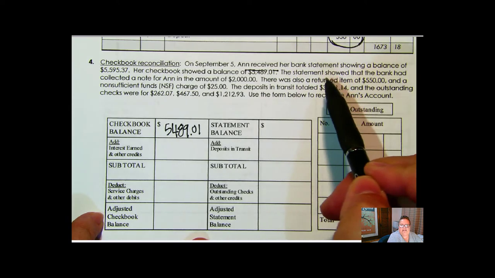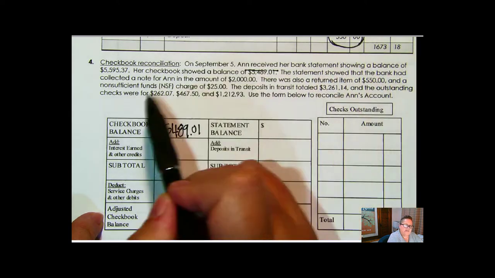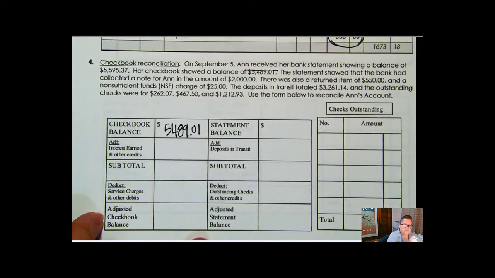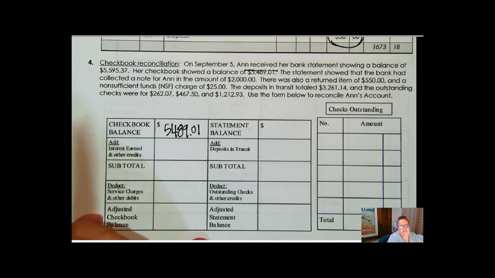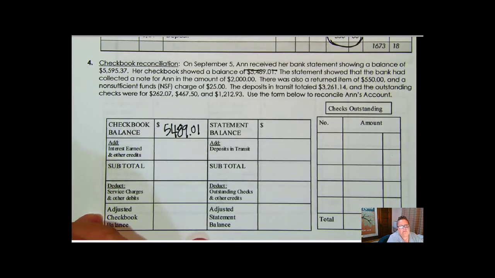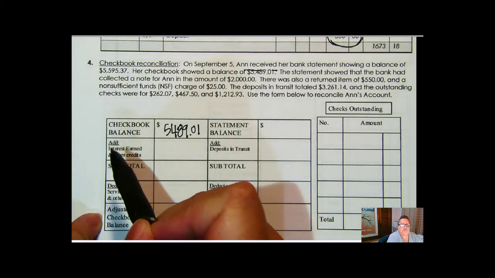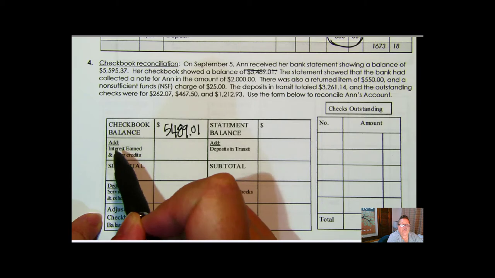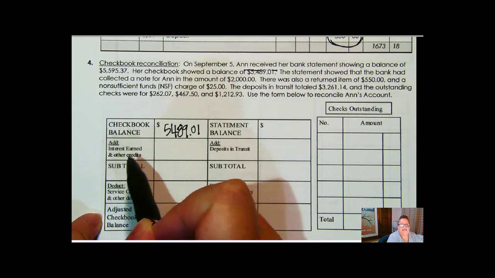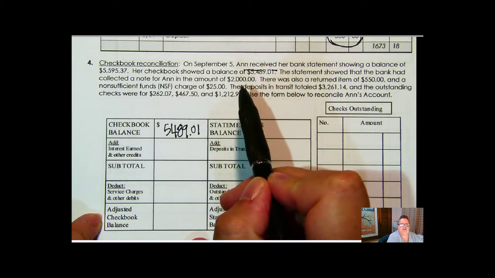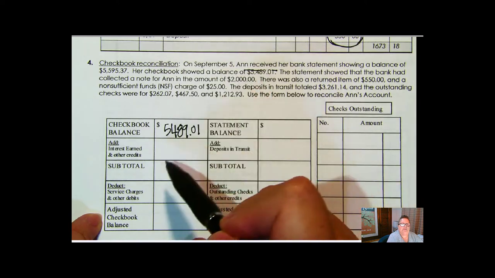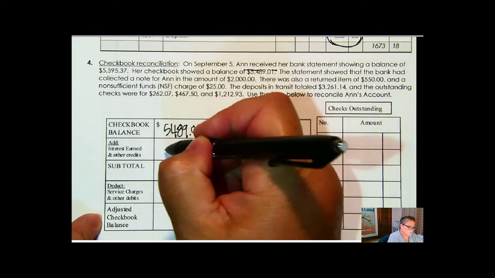The statement, that's the bank statement, showed that the bank had collected a note for Ann in the amount of $2,000. Now, when a bank collects a note for you, that means that the bank is depositing that money into your account. So that would be an addition, earned interest or credit. That's a $2,000 credit that the bank is putting into your account.